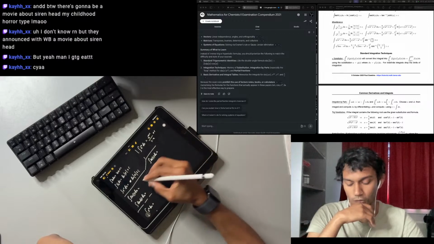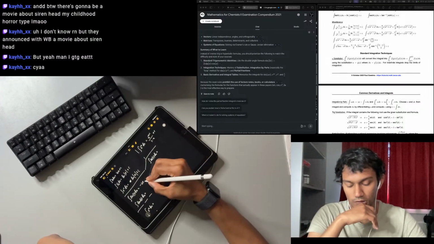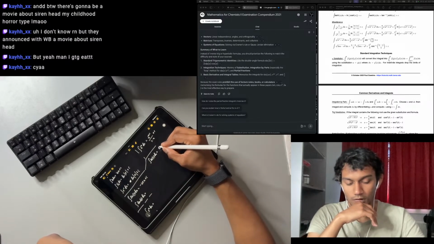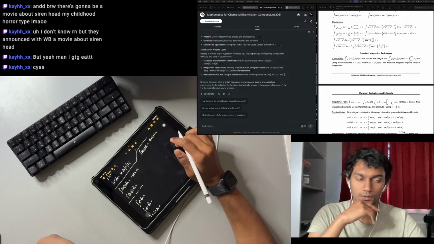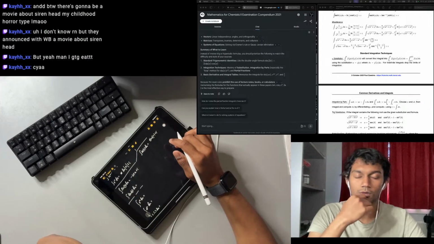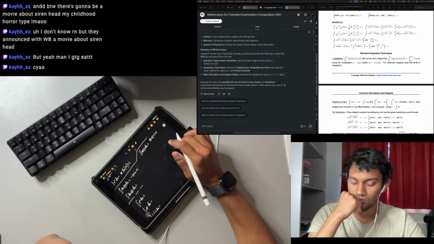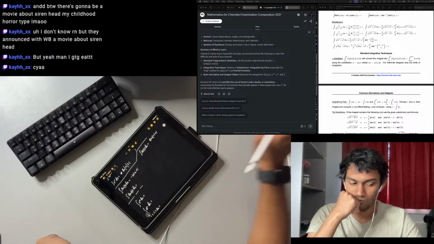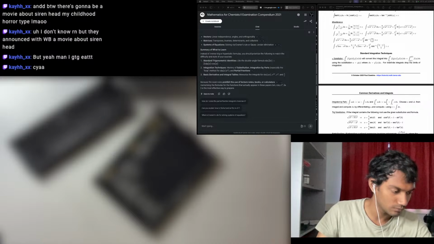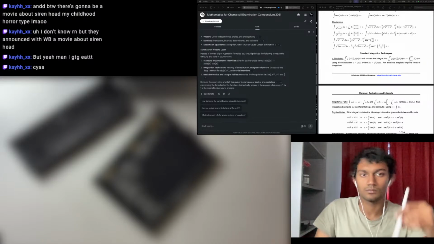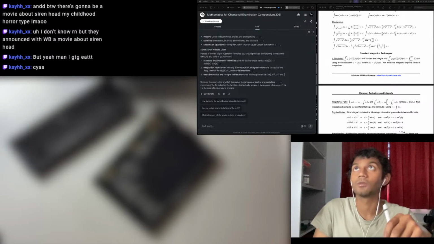Integral sine u du is minus cos u plus c. Integral cos u du is sine u plus c. Integral of tan u du. What was tan? I forgot what was tan.